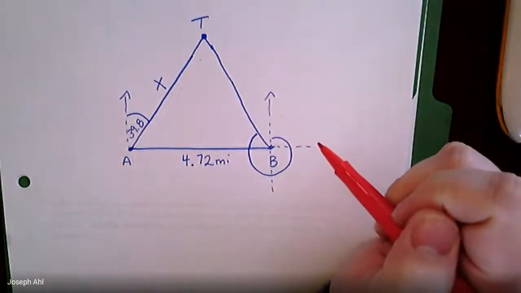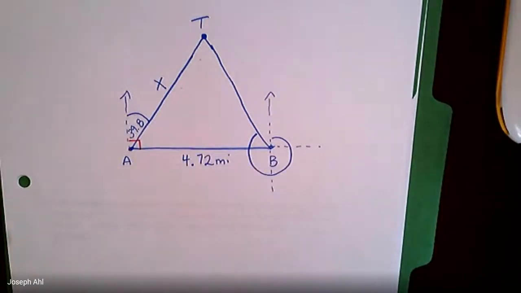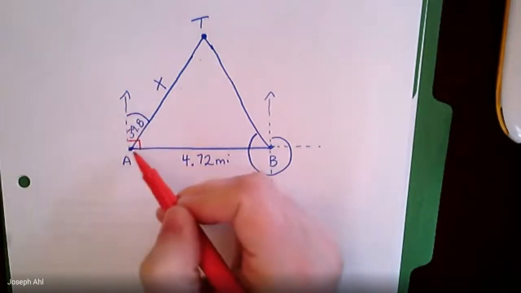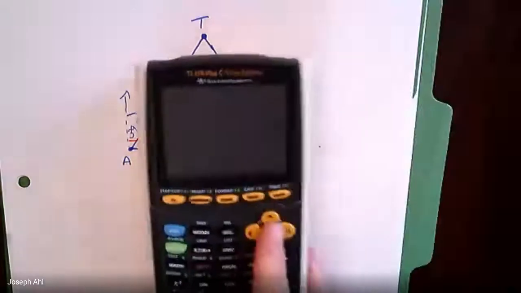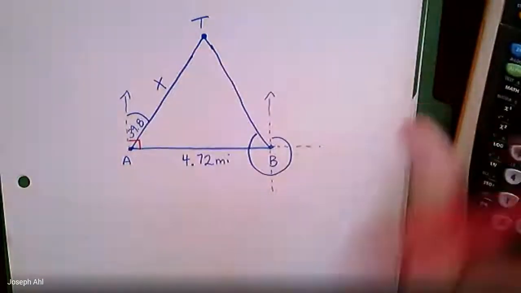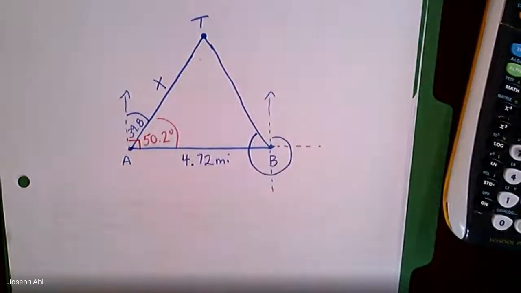So quickly on the left where point A is, at point A, there's definitely going to be a right angle formed with the north and the east-west line, right? So if you do 90 minus the 39.8, you'll find pretty quickly here that the other angle is 50.2, the complement here. So there's an angle right away.